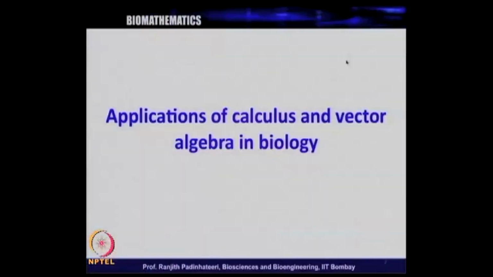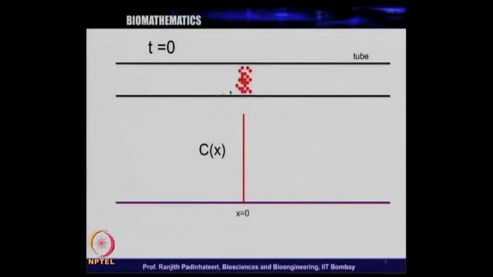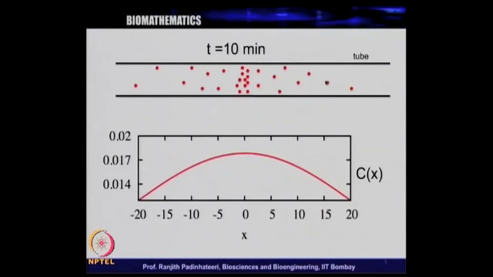We are continuing to discuss the section on applications of calculus and vector algebra in biology, and under this we are discussing diffusion. So we said that if you take a tube, as you see here, and put a few particles or protein molecules at the middle of this tube, at t equal to 0 the concentration is only at the middle of the tube, and as we go along it will spread.